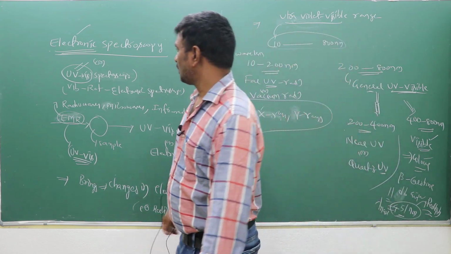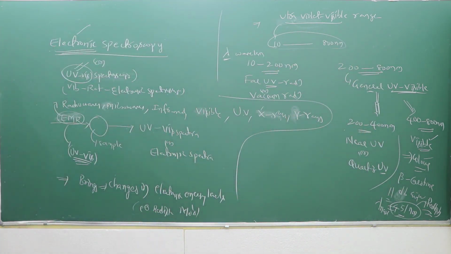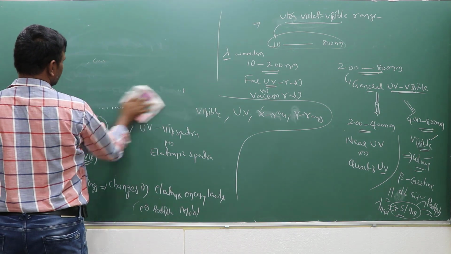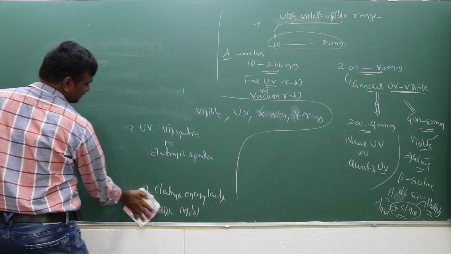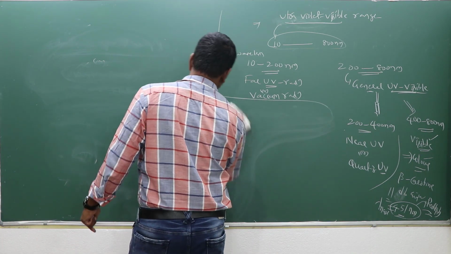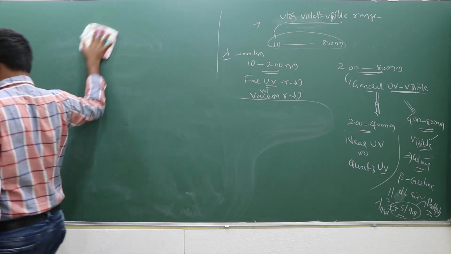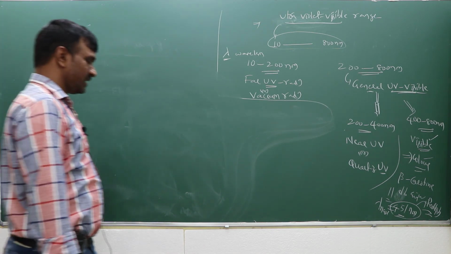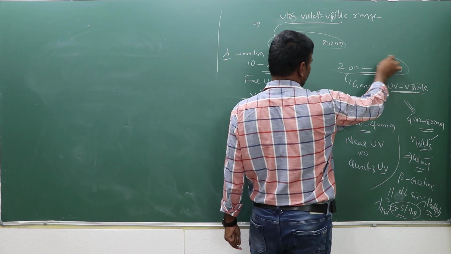Now, what is the wavelength and energy relation here? I already explained that 10 to 800 nanometers is the UV visible range of radiation, and the general UV visible range is 200 to 800.